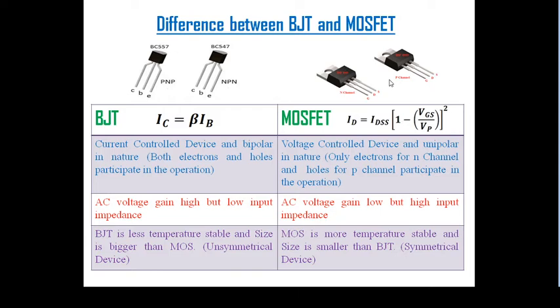AC voltage gain is low in MOSFET but input impedance is high, due to the gate current IG being almost 0. BJT is less temperature stable but MOSFET is highly temperature stable. Size is bigger in BJT and smaller in MOSFET, and MOSFET is a symmetrical device but BJT is unsymmetrical. So this is the basic.